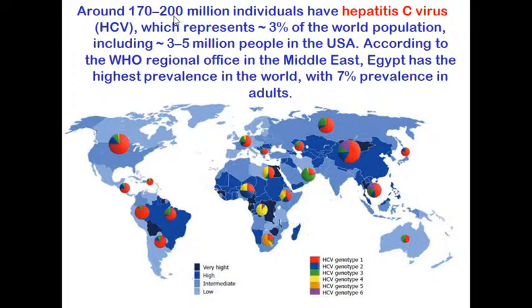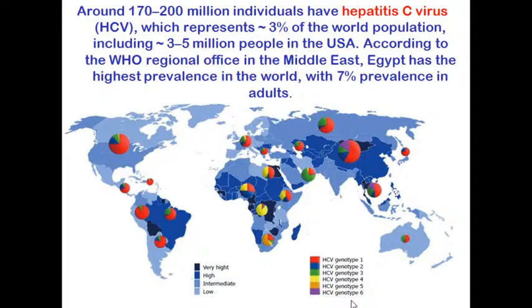Up to 200 million individuals have hepatitis C virus infections. That represents around 3% of the world population, including 3 to 5 million only in the United States. Here you can see the share of different genotypes. 6 genotypes are shown here.